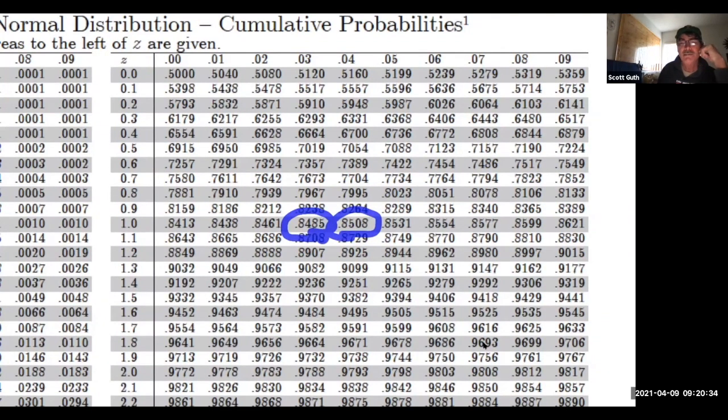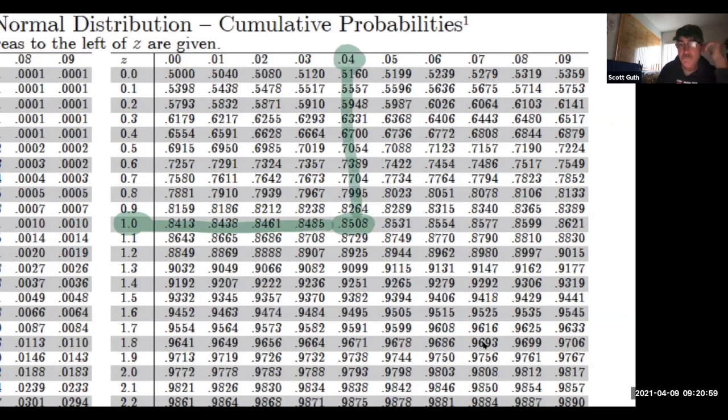That's a little low by 15 ten-thousandths, where the 8508 is a little high by 8 ten-thousandths. So the 8508 is the winner. We're going to pick that one and figure out what z-score goes with it.